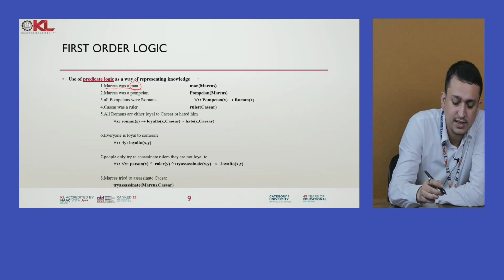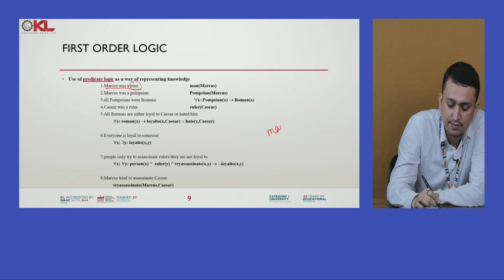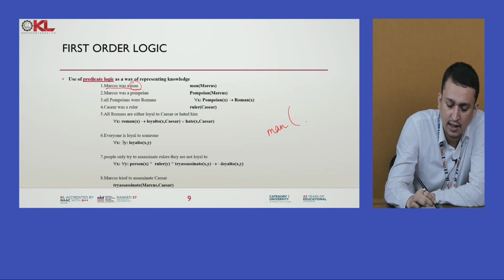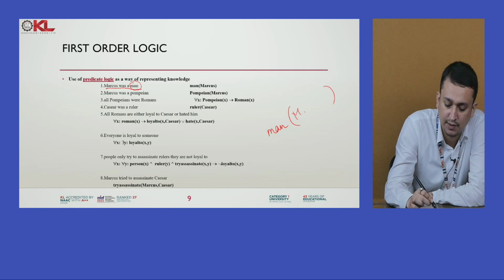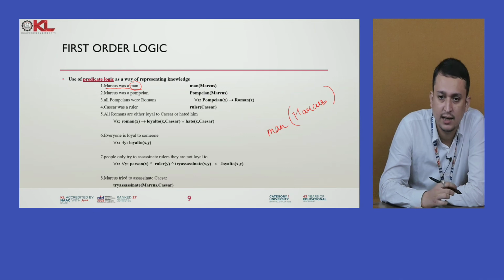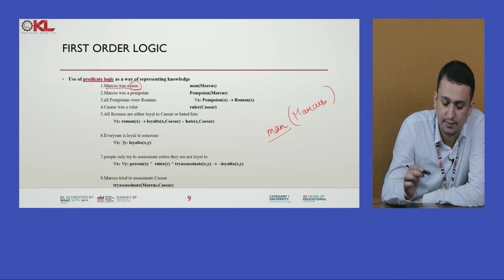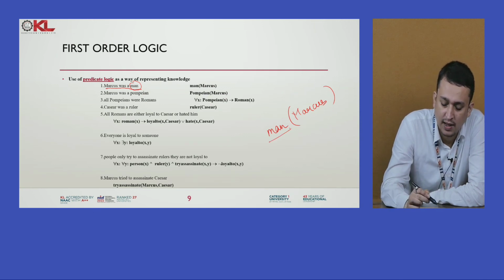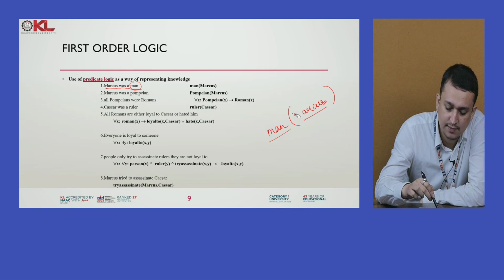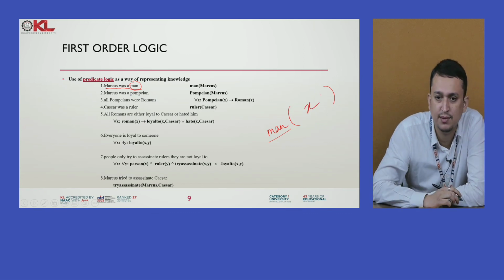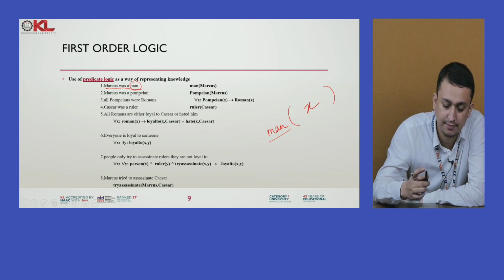Okay, and the representation is like, you write the predicate man, then inside that you write the name of that particular person, Marcus. In this statement, man is a characteristic, that is the predicate, and inside the bracket Marcus, that Marcus is a man. And if we change Marcus to X, that indicates that X is a man.